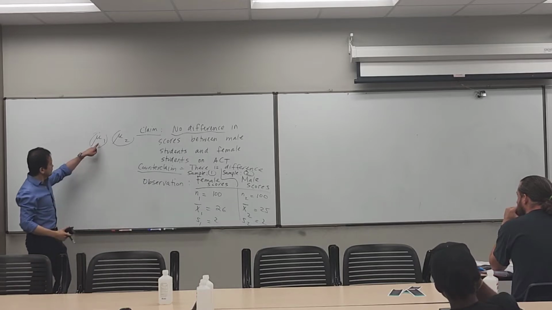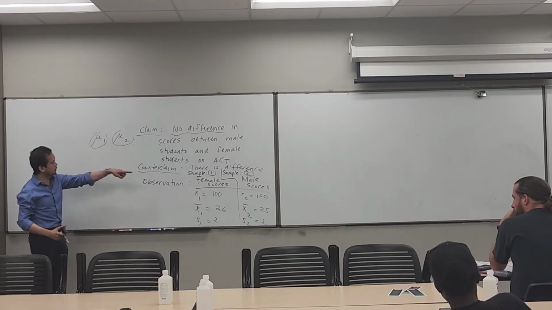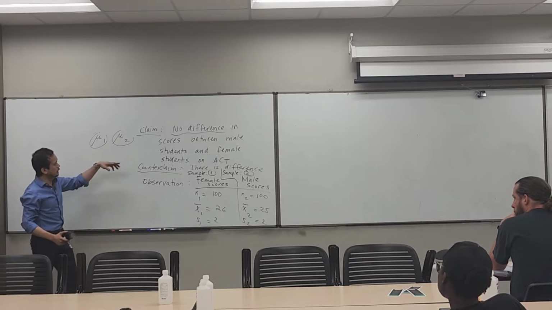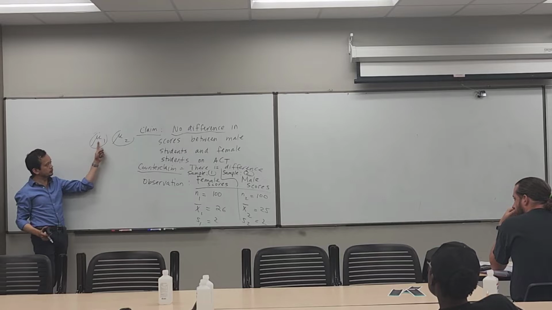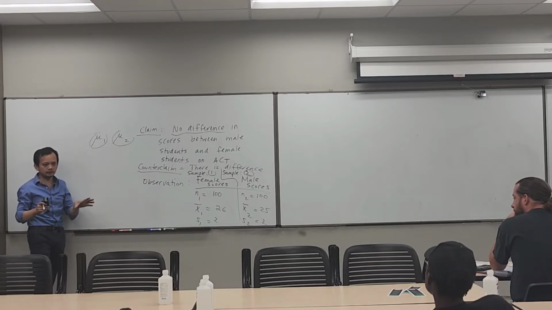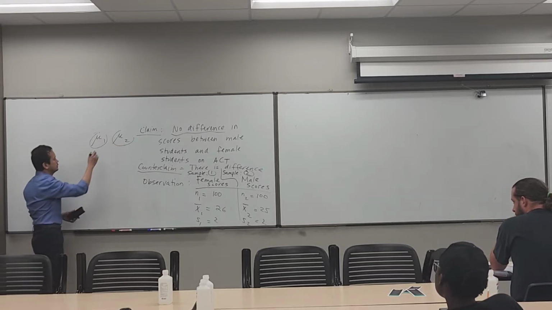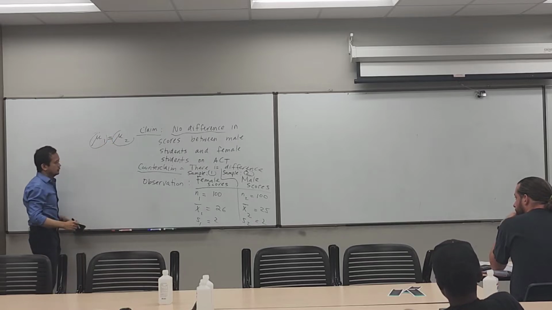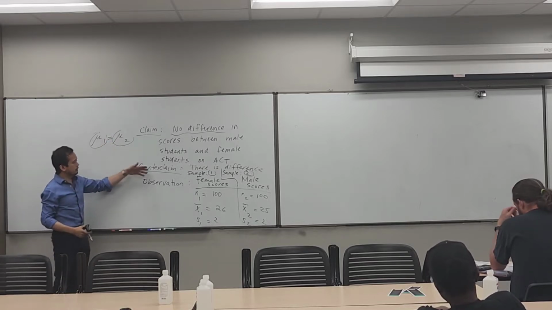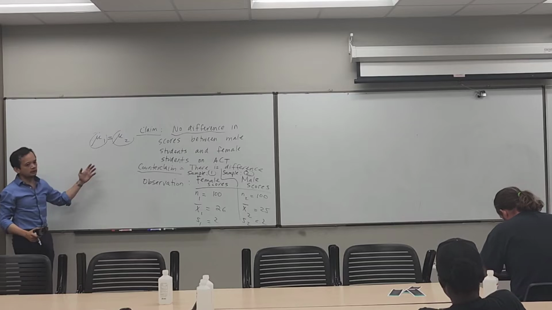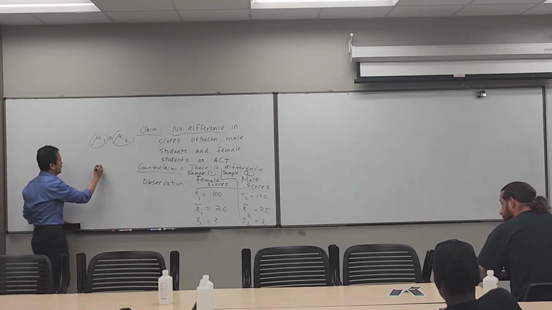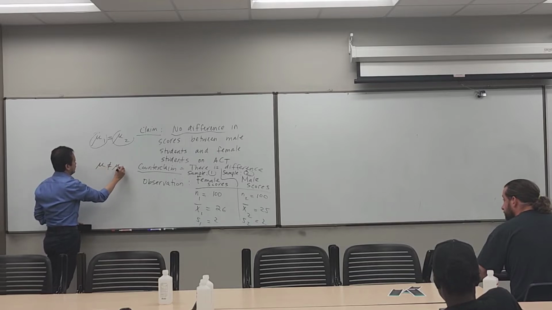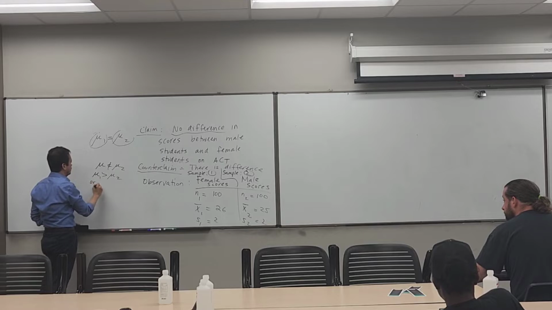So the mean for the whole population of female ACT scores, if we're saying that there's no difference, then what should the relationship be between female scores and male scores for their respective populations? Yeah, they should be equal if there's no difference. And if the counterclaim is true and there is a difference, then what should the relationship be? Not equal. Yeah, not equal. Another way of saying that is either greater than or less than.